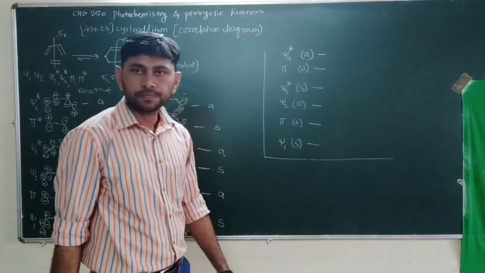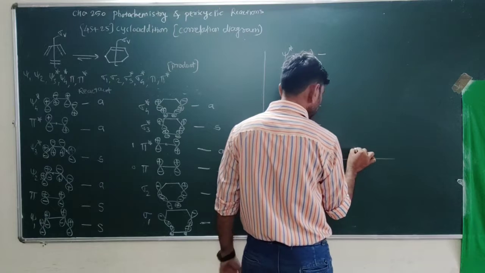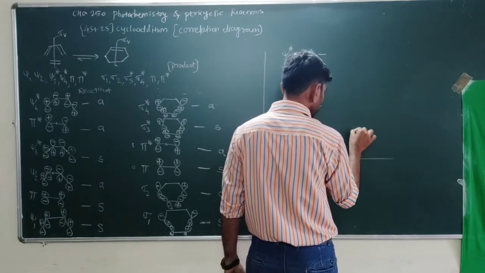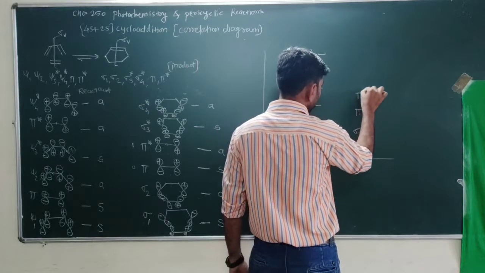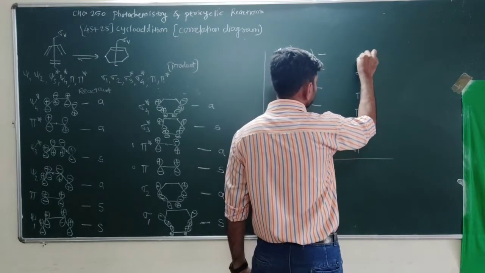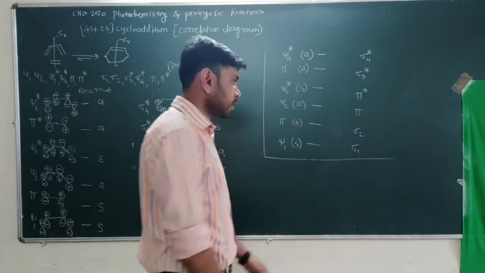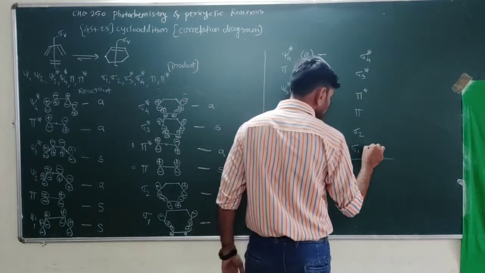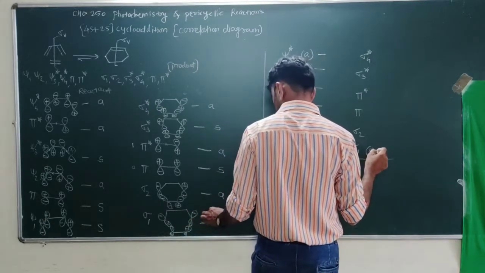We have shown them here. Now we have to draw the product orbitals. Which are the product orbitals? Sigma 1, sigma 2, pi, pi star, sigma 3 star, and sigma 4 star. These are product orbitals. Now we have to write their symmetries. Sigma 1 is symmetric.